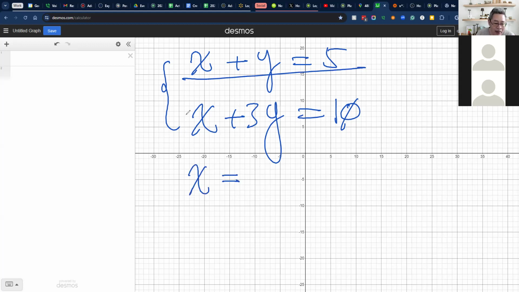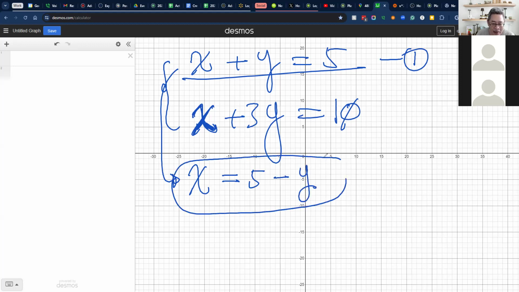The reason I want to replace x is because I don't have to multiply or divide by something. It's just straight substitution. So based on the first equation, we got x is 5 minus y. Then we plug that into the second equation.